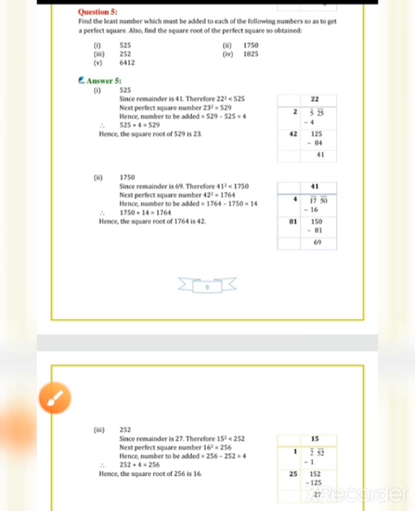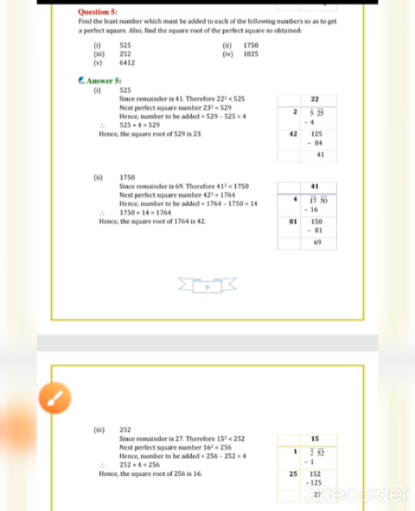So we have to take the next number, 16 square, that is 256. Hence the number to be added is 256 minus 252, that is 4. In this way you can find the nearest perfect square number, that is 252 plus 4, that is 256.